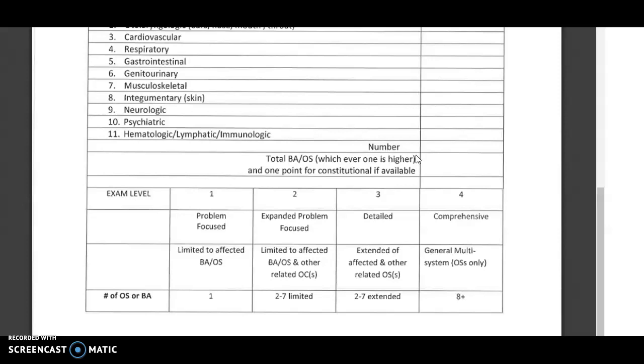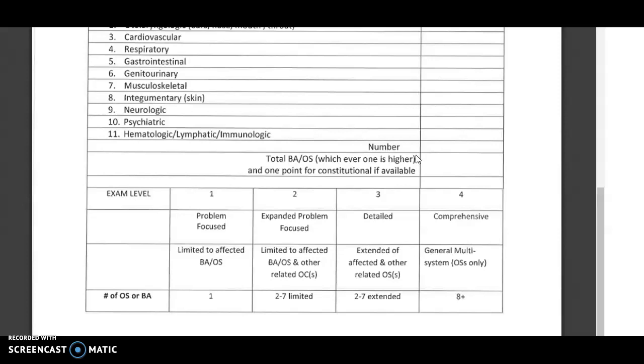So anytime you get OSs, you have to have 8 to get a comprehensive. When abstracting your record, you count both the BA, body area, and OS. If the level of exam rises to comprehensive, recount, and this time only count the OSs. If there are at least 8 OSs, that exam remains at a comprehensive level.